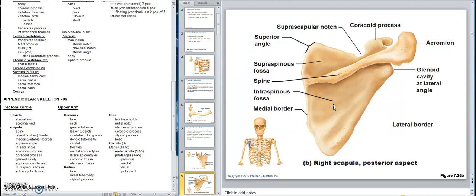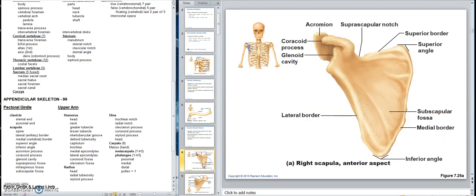And then the subscapular fossa is down here. That's it down there. I have to go to that side. All right, so that's the scapula. That's what you want to look at there.